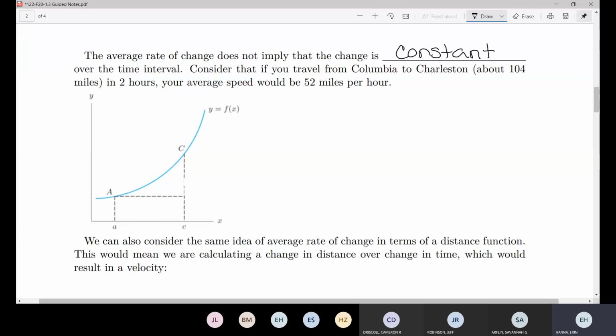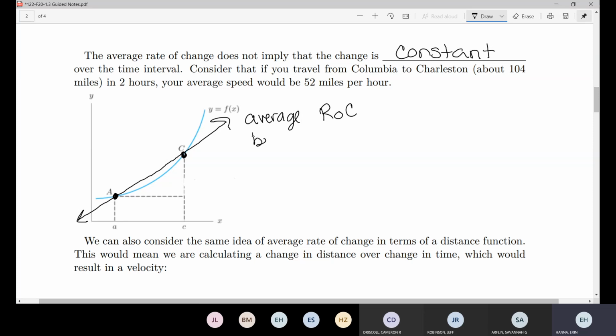So this is what I mean by it's a different context. That's not a straight line, so I can't talk about the slope of that function. But if I look at this point A and this point C, I could talk about the average rate of change between those 2 points. And that would be the slope of the line between them. I'm going to start abbreviating it as rate of change because I'm lazy.